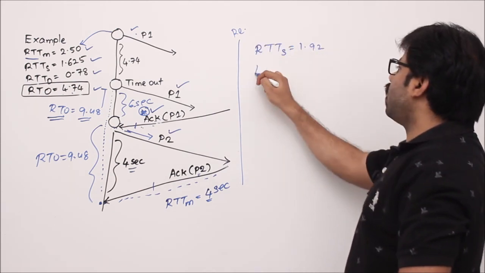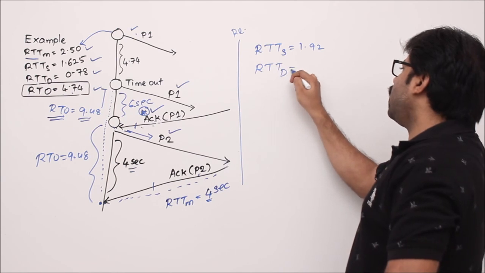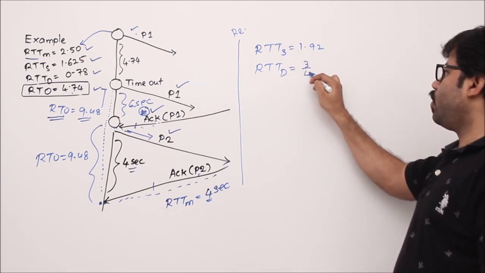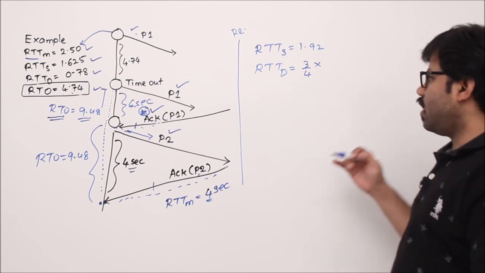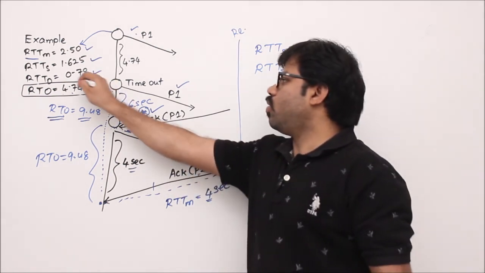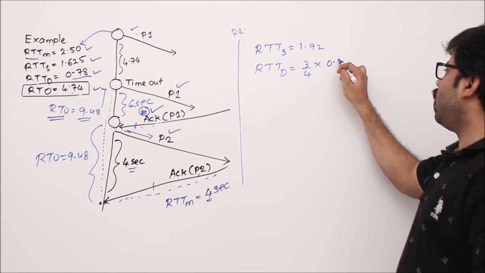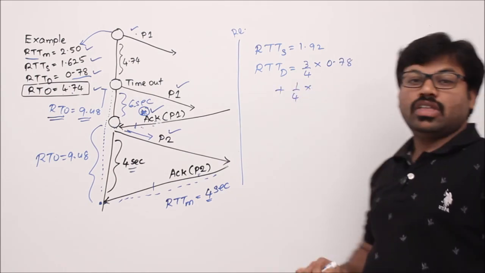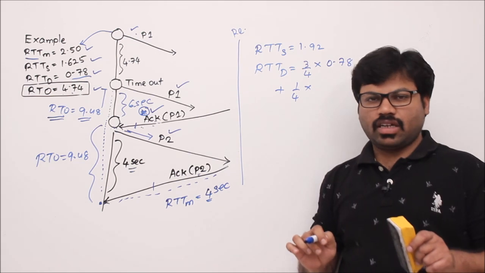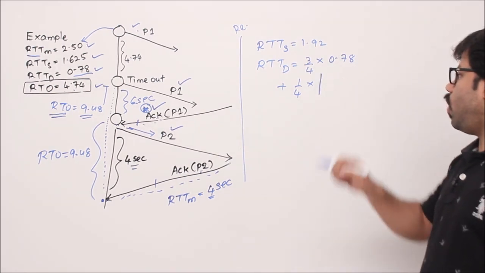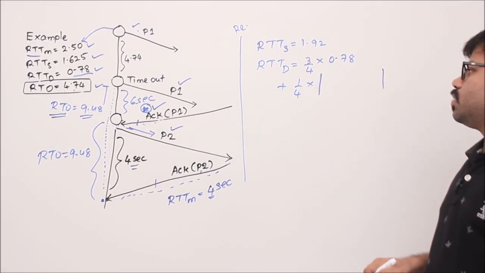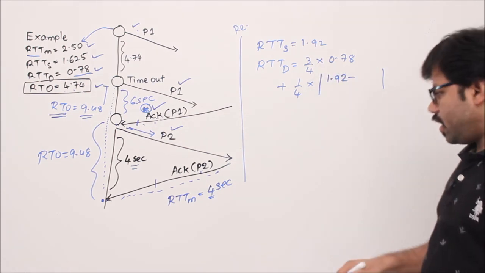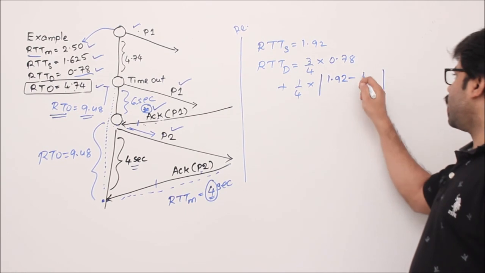Next, RTT deviation. RTT deviation equals 1 minus beta, that means 3 by 4 into the previous RTT deviation. What was that? 0.75. After that we did not do any calculations, correct? Plus 1 by 4 into the modulus of RTT smooth, 1.92, minus the RTT measurement. What is the new measurement? 4 seconds.